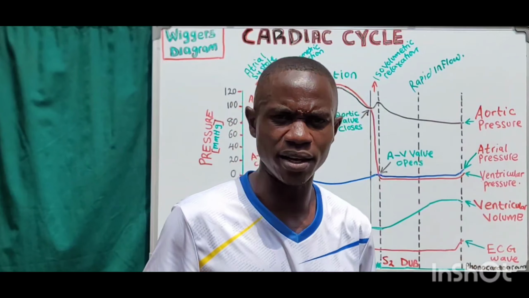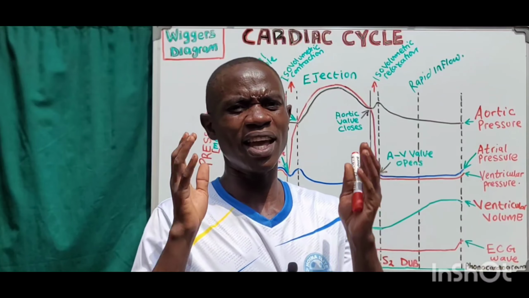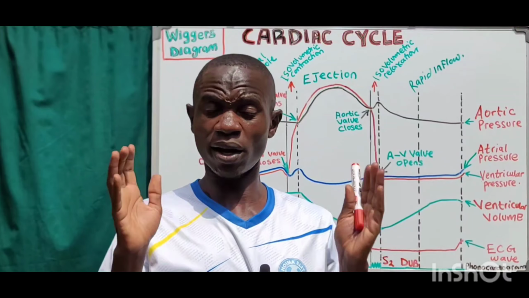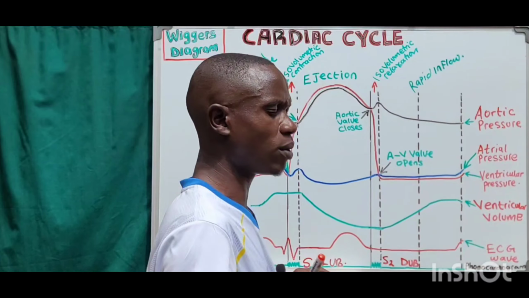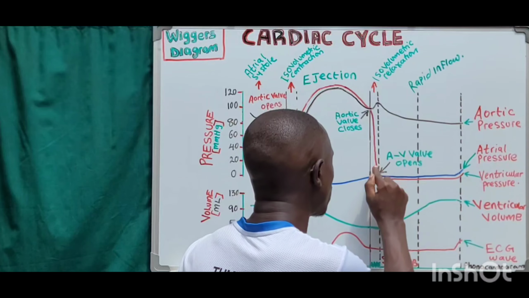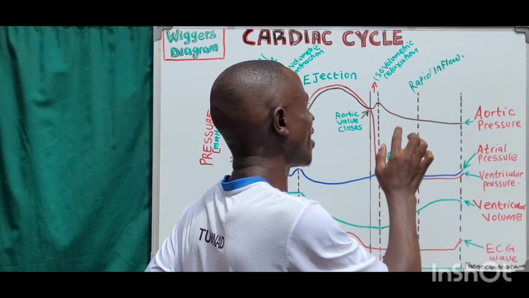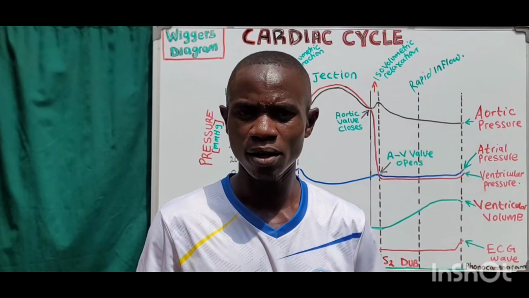What does this mean for the AV status? It means even at this time, the AV valves are still closed, because the ventricular pressure is still greater than the arterial pressure. So during this phase, which we call the isovolumetric relaxation, our AV valves are still closed.